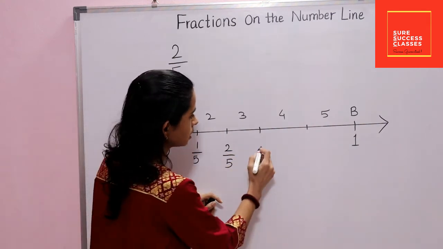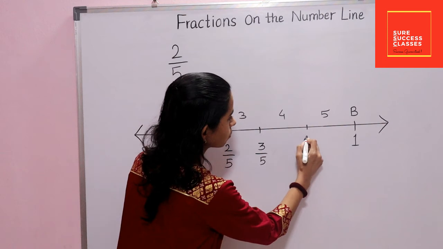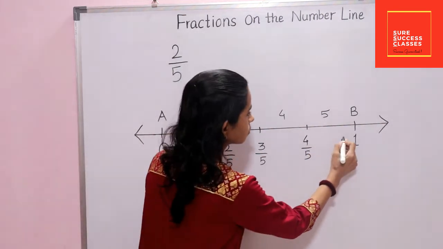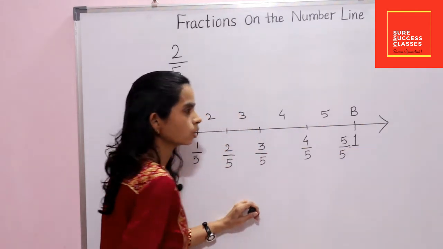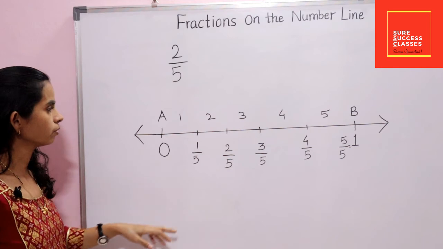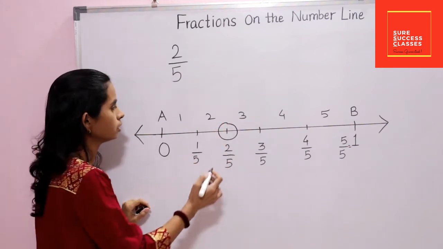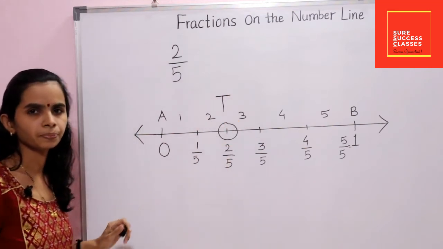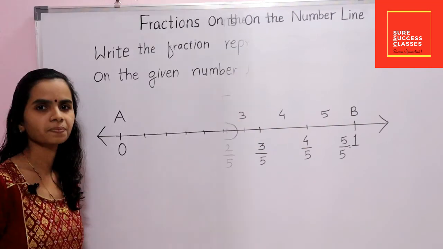This point represents the fraction 3/5, 4/5, and this one is 5/5, which means it is equal to 1. So the given fraction is 2/5, and this point represents the given fraction. So name it T. The point T represents the given fraction 2/5.